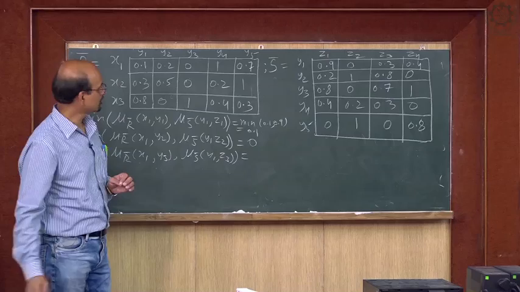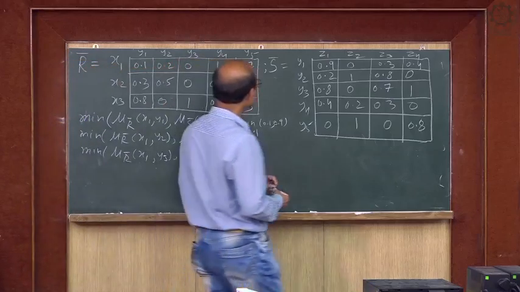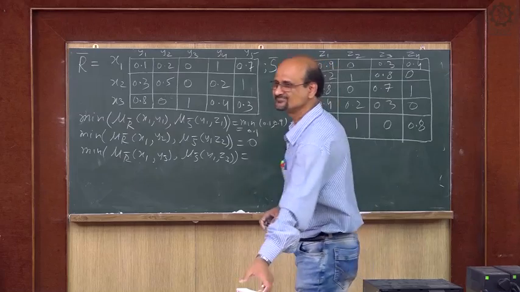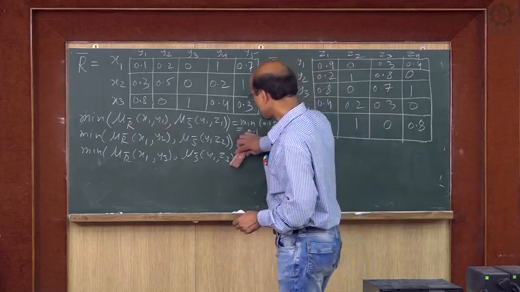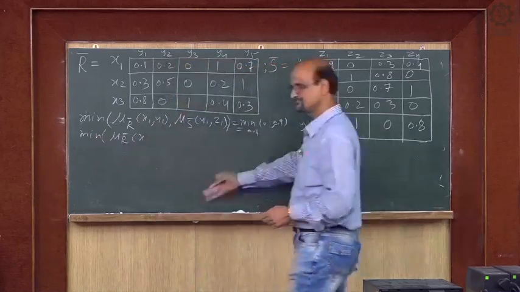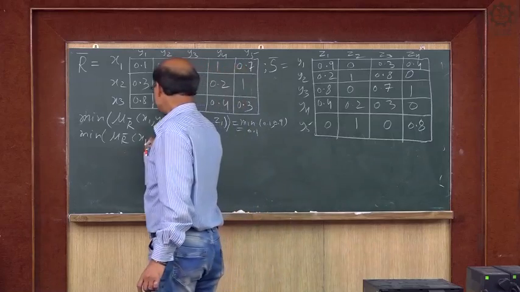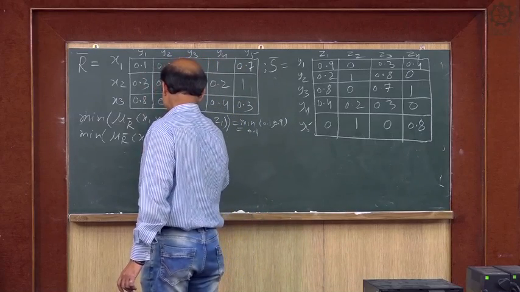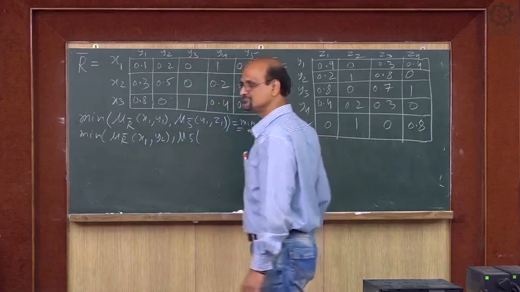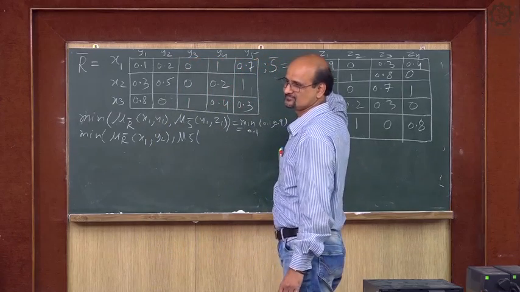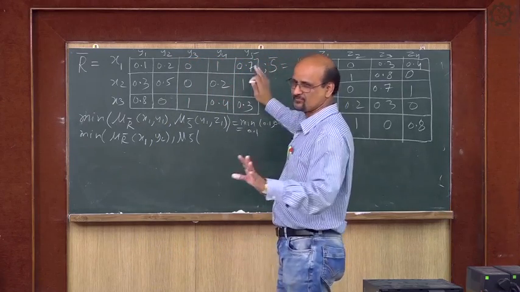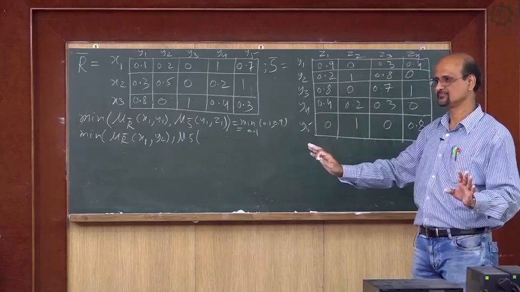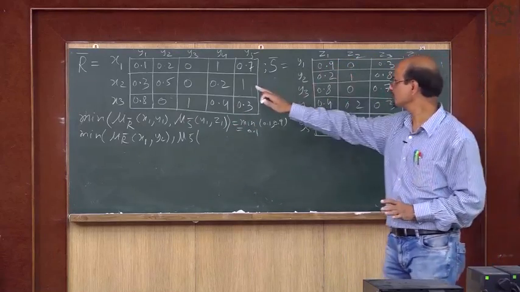Is it okay? But we are doing wrongly. From here it is wrong. See, mu r bar x1 y2 that was okay, and mu s bar y2 z1. I am telling, it is very easy, like matrix multiplication you see. How you multiply?